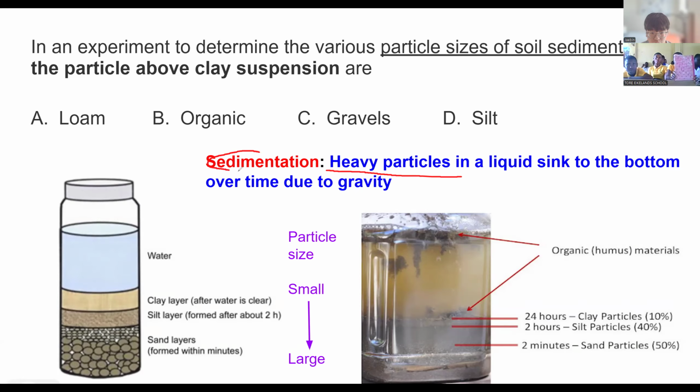What is sedimented means what is gathered on the ground. So what is above clay? Can anyone see this? So here are the components of clay. What is above that?